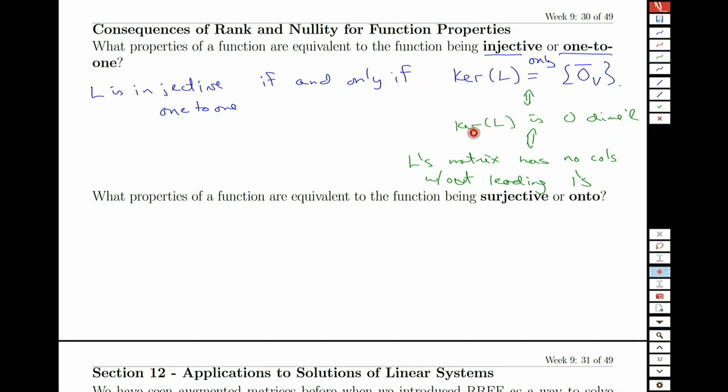Because every column that does not have a leading one is one dimension of my kernel. That's a long way of saying, with the double negative there, that all the columns of L have leading ones. Sorry, I should have put in RREF. I just kind of assumed that. But we do have to do the RREF stuff first.